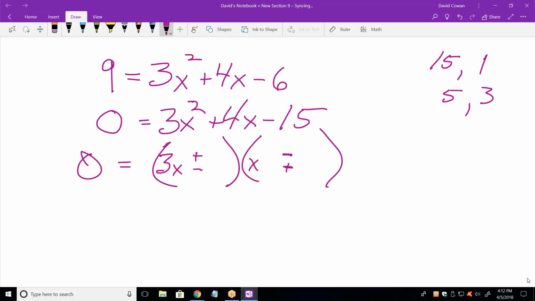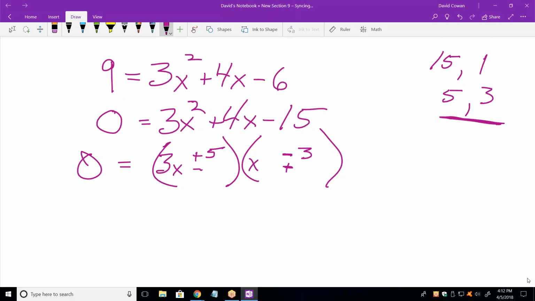Now, which two should I try first? Always the two closest together. Always. 5 and 3. Not to say that that's the right answer, but that's what we're going to try first. Okay? And I'm just going to randomly try 5 there and 3 there.